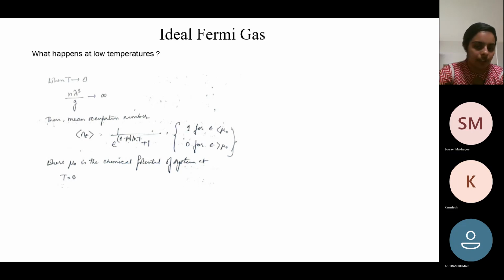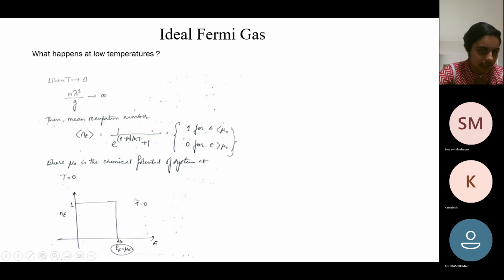Right, so it's like a step function, where you have n_epsilon as 1 till epsilon equal to mu naught, and beyond that it's 0. This is what you get when T is equal to 0. Obviously, when T gradually increases, you will have a distribution that goes something like this, so some energy states will also be there for values greater than mu naught, but this is what happens when T is equal to 0, right?